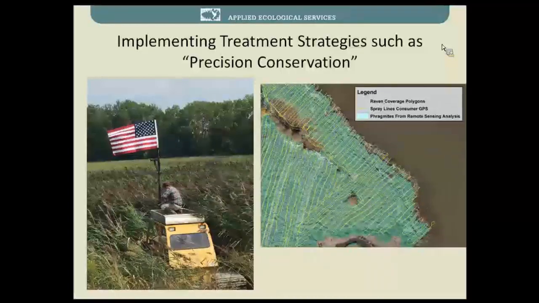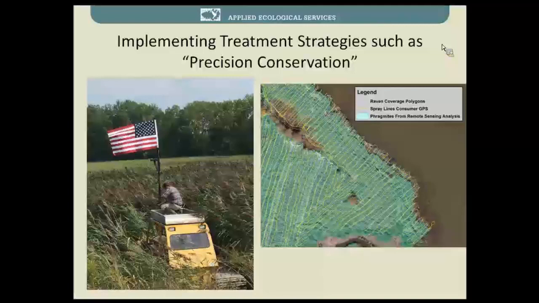I think one of the most interesting things that we've seen is where the native vegetation wasn't herbicided as part of a co-treatment with the Phragmites, where only the Phragmites was treated, the native seed bank and the native vegetation below the Phragmites has responded quite favorably in many locations.